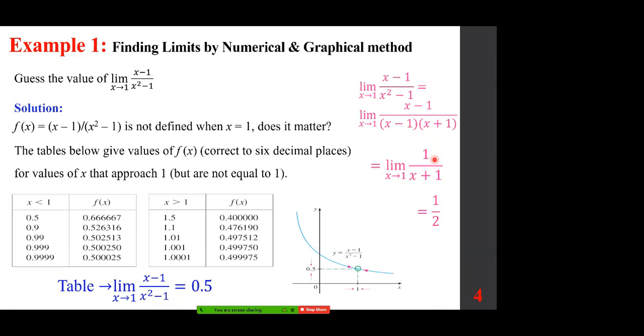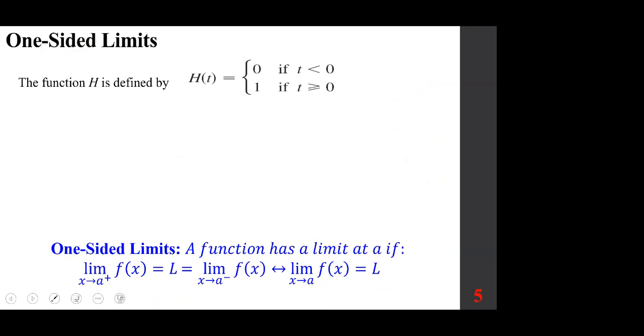So this is finding the limits. All right, one-sided limit. By definition, this limit only exists if this limit, that means x is approaching a from the right, and this limit, that means x approaching a from the left, are identical, otherwise it doesn't exist.